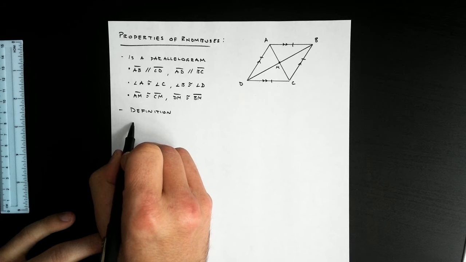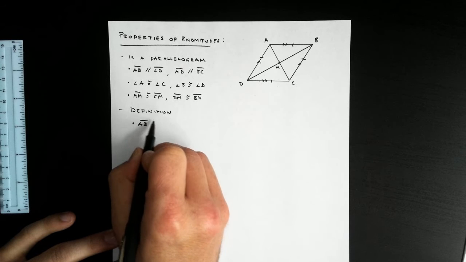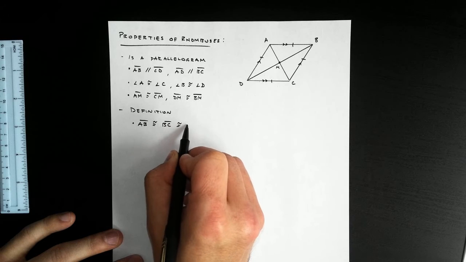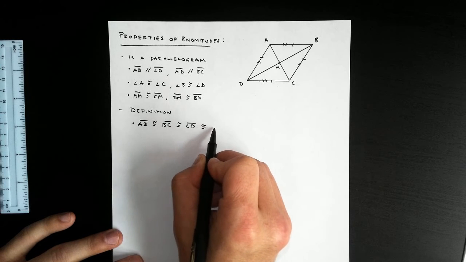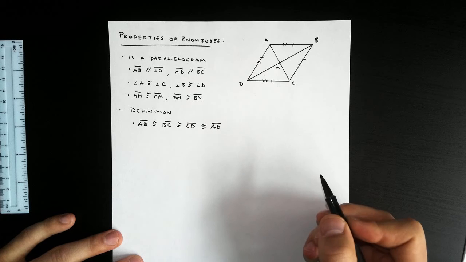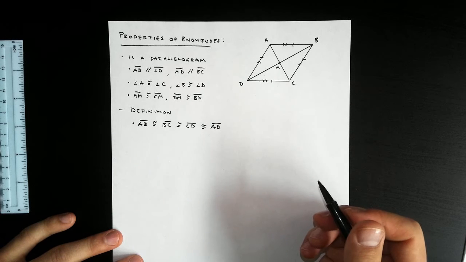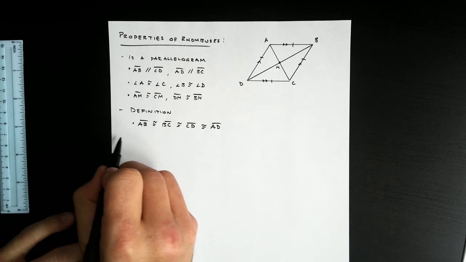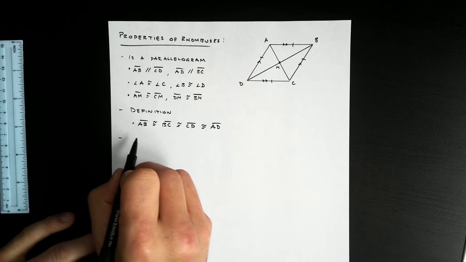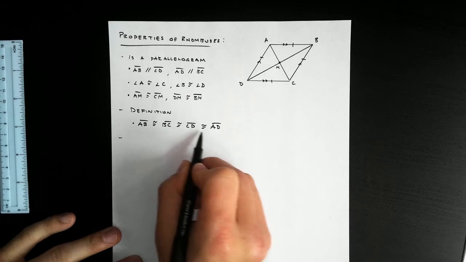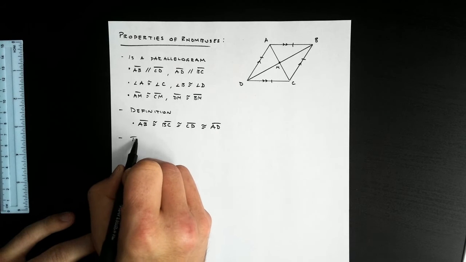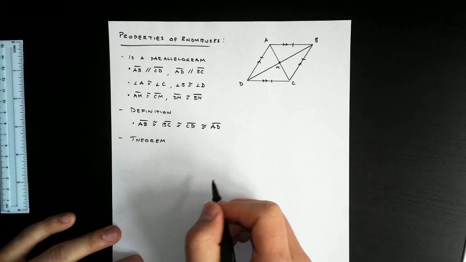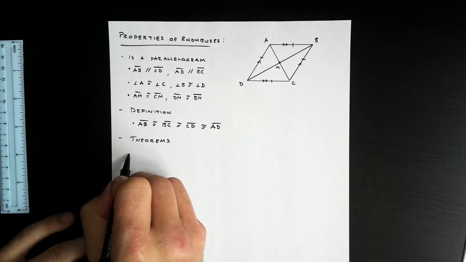So that gives us AB is congruent to BC, which is congruent to CD, which is congruent to AD. So this is equilateral. Okay? That's special for rhombuses. And then furthermore, we have a couple theorems that give us a few more properties.